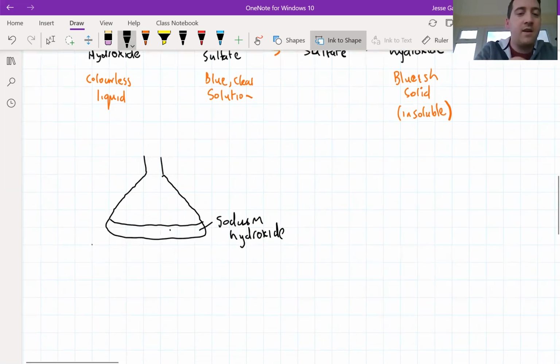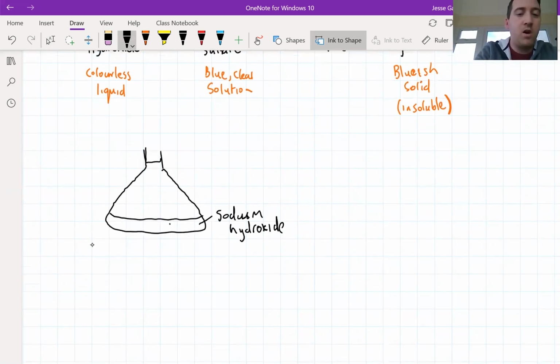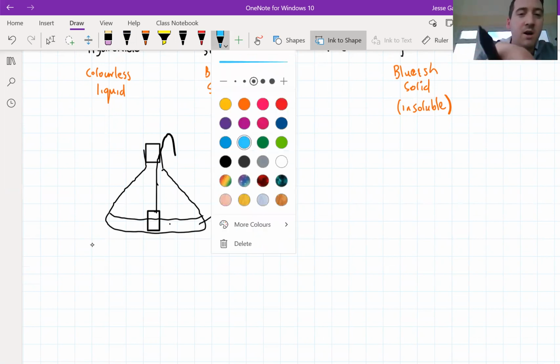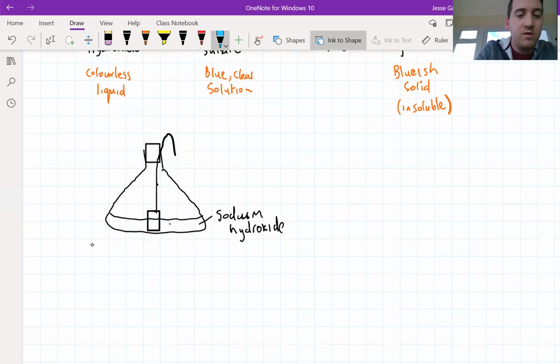And into that, we're going to put a rubber bung, which is just a type of lid, but we're going to trap a string. This string is wrapped around a small plastic vial. It's a little plastic container, and inside the plastic container is my copper sulfate solution.